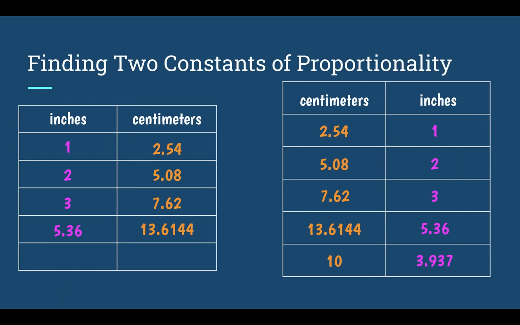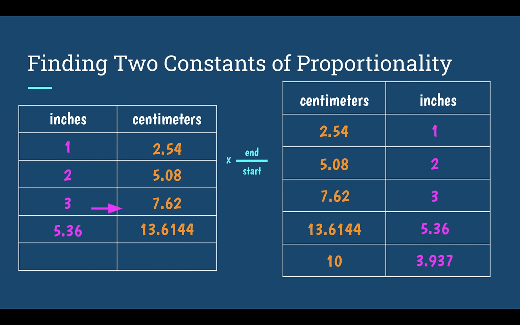Using our same numbers, we already know what the constants of proportionality are, but let's say that we want to be able to figure it out. Maybe you're not given your unit rate, so your constant of proportionality is going to end up being what you multiply by, and that is going to be your end over your start.